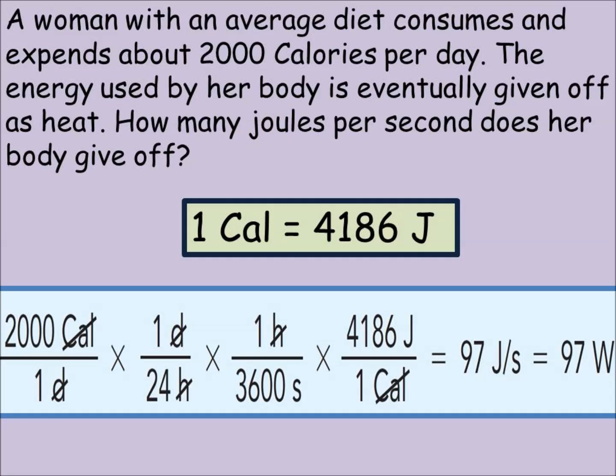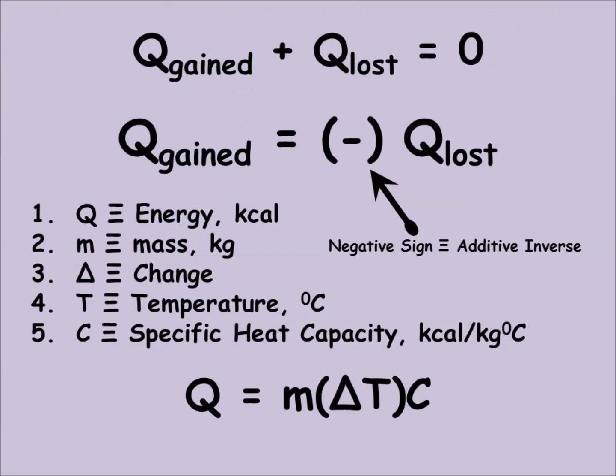We sometimes use 4.18 joules for a calorie. It depends on the particular book you're looking the values up in. So you're converting from days to seconds, and you come up with 97 watts, or 97 joules per second. Watts, with a capital W, is joules per second.